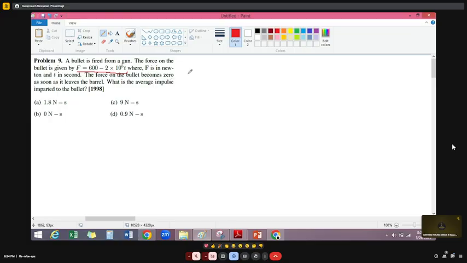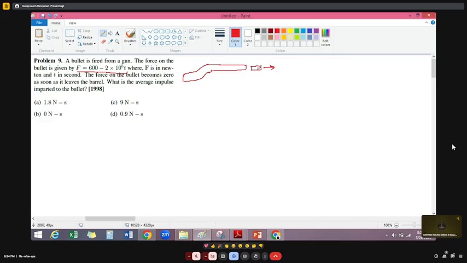So that means they are saying that there is a gun there. As soon as the bullet leaves the barrel, the force becomes zero, meaning only when it is inside the barrel it can give a force with the gunpowder or whatever it is.